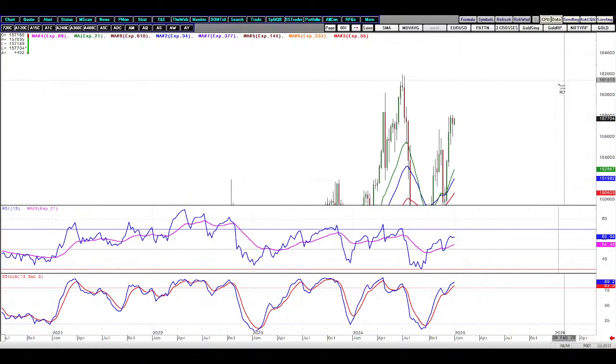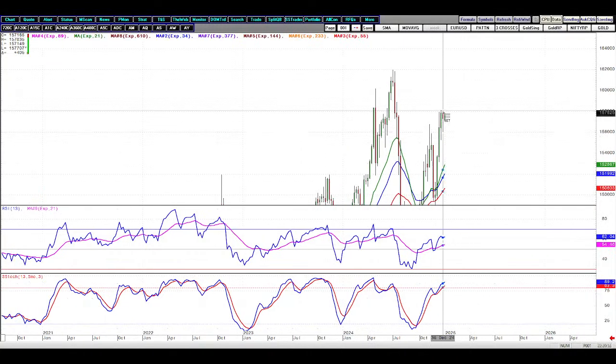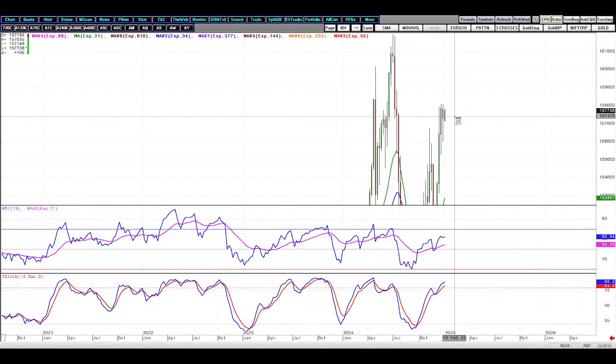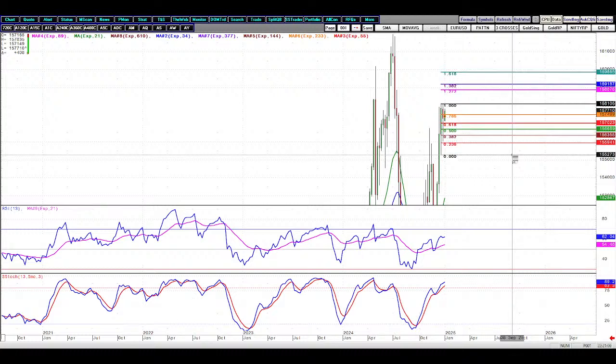Okay, this is in a range. Okay, this is in a weekly range. If that 15810 breaks, we should be able to see 15920, 15980, and I think 15910, 15880 and 15910.